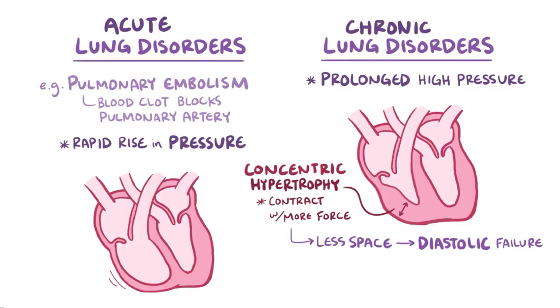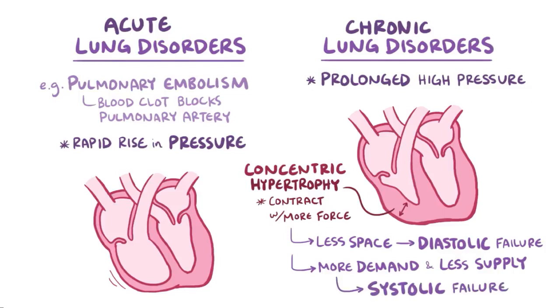The increase in right ventricular muscle mass also means that there's a greater demand for oxygen, and to make matters worse, the coronaries get squeezed down by this extra muscle, so that even less blood gets delivered to the right ventricle. More demand and reduced supply leads to right ventricular ischemia, and that leads to weaker contractions and systolic heart failure.